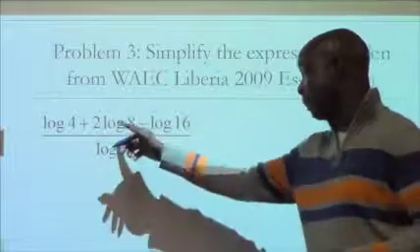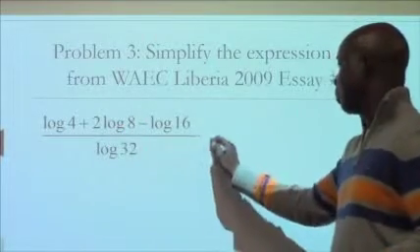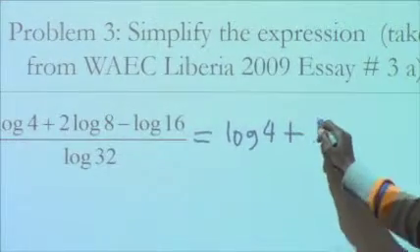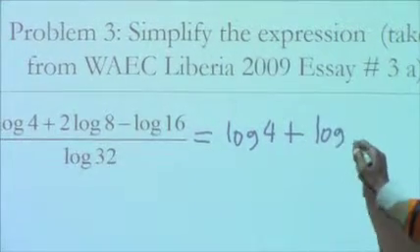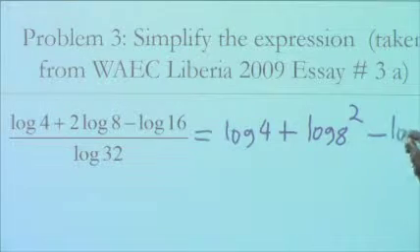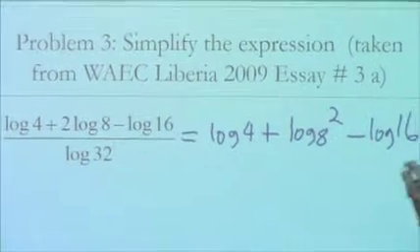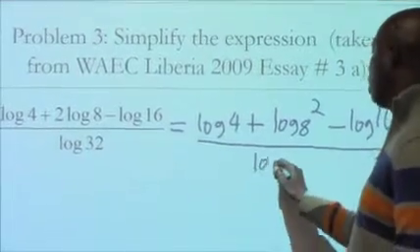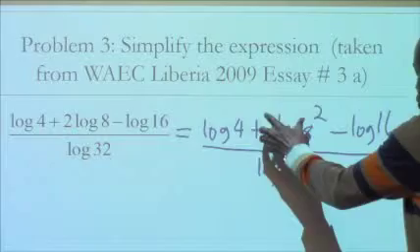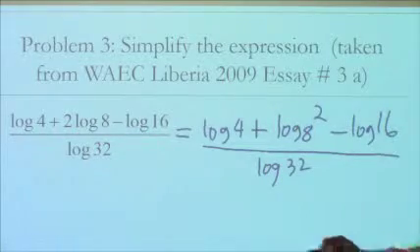So one change I want to make is going to be right here. Let's proceed. We're going to write this as log 4 plus log 8 to the power of 2 minus log of 16, all divided by log of 32. Now, I can join these two by product and with this one by division.